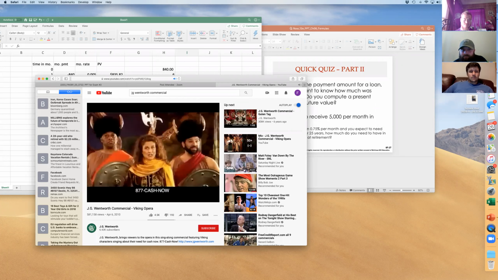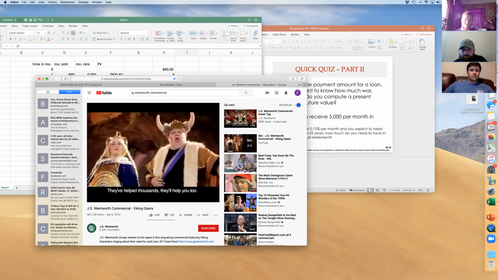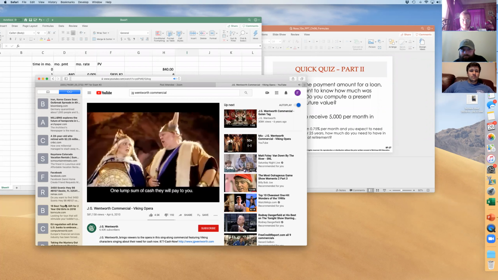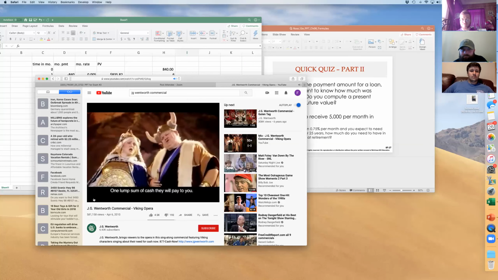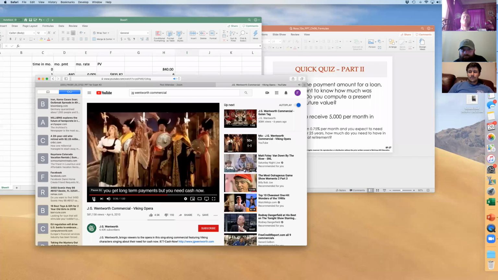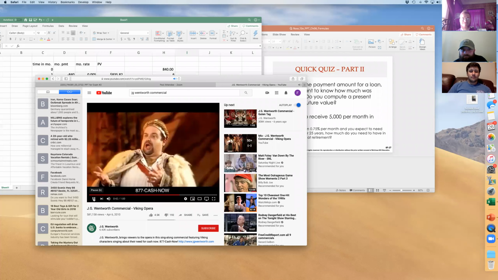One lump sum of cash they will pay to you. Get long-term payments, but you need cash now. Call J.G. Wentworth, 877 cash now.